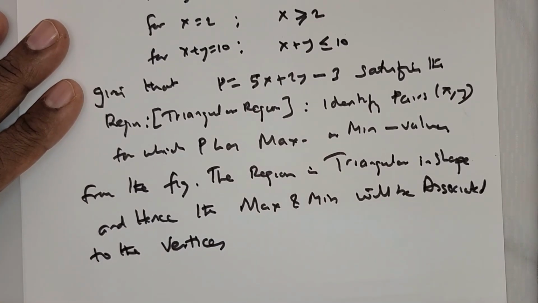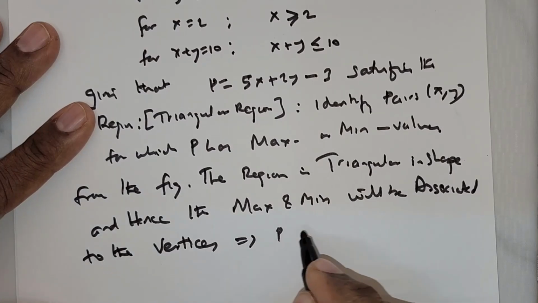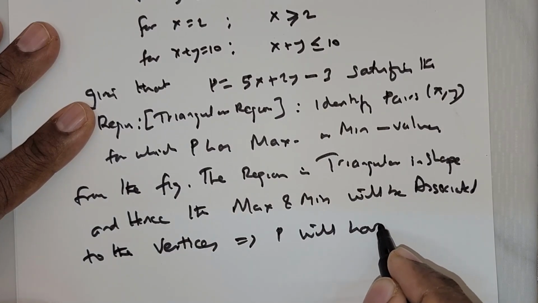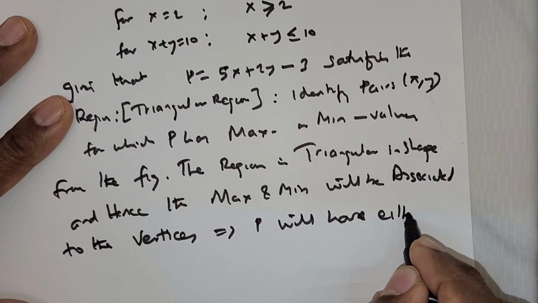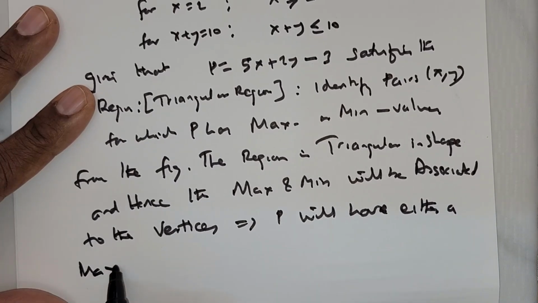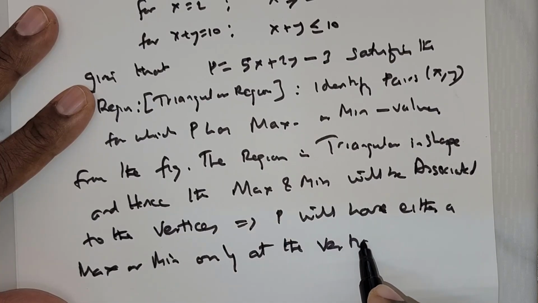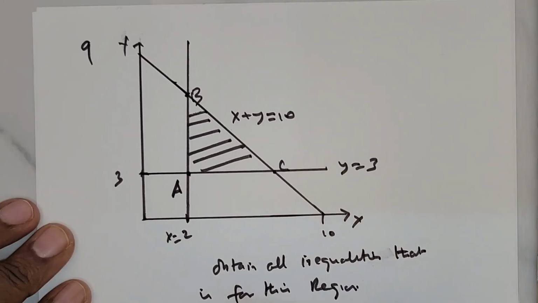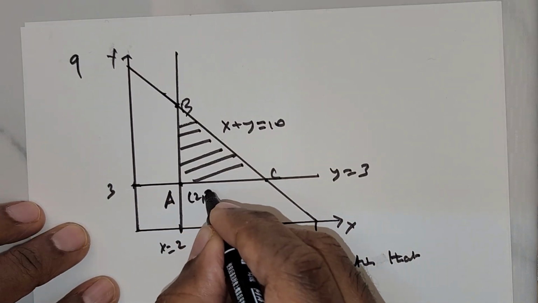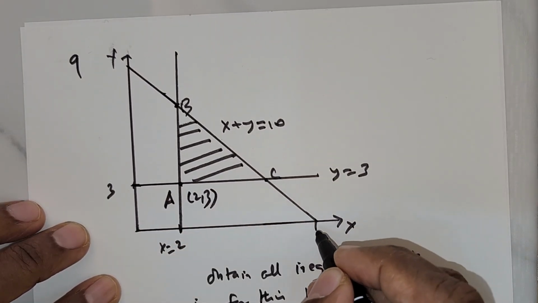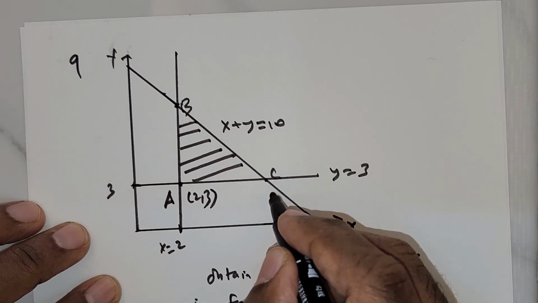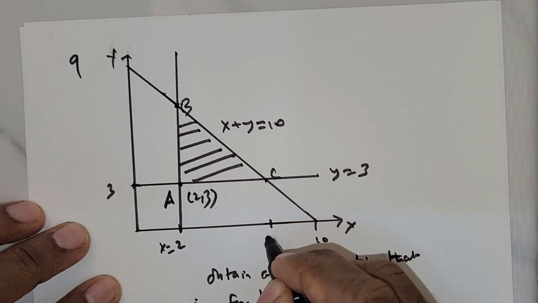Okay, so this means P will have either a max or a min only at the vertices. And what are the vertices? This point is 2, 3, and this point is given as 7.